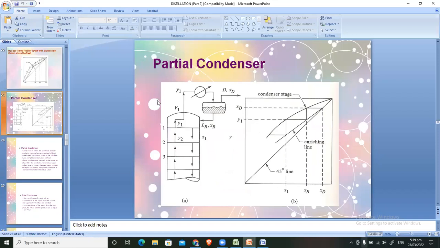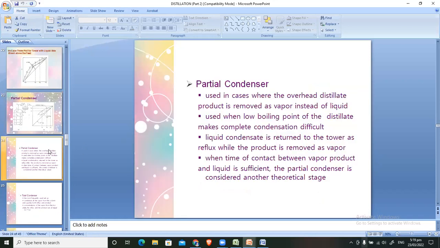This is in the case of the partial condenser, wherein you're going to subtract not only 1 from the determined theoretical number of stages graphically, but you're going to subtract 2 if the problem is using a partial condenser. Now, when is it in the first place being used, the partial condenser?